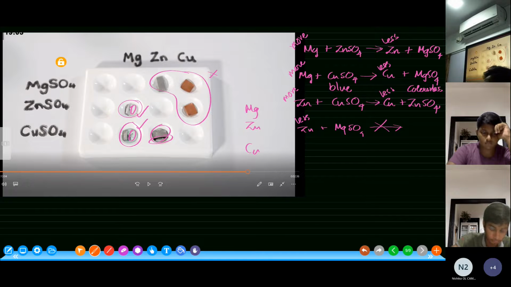So the conclusion is magnesium is most reactive and copper is the least reactive and zinc is in between. But they are not very hard things. We already know it. But this is how we do them experimentally. Is that clear?